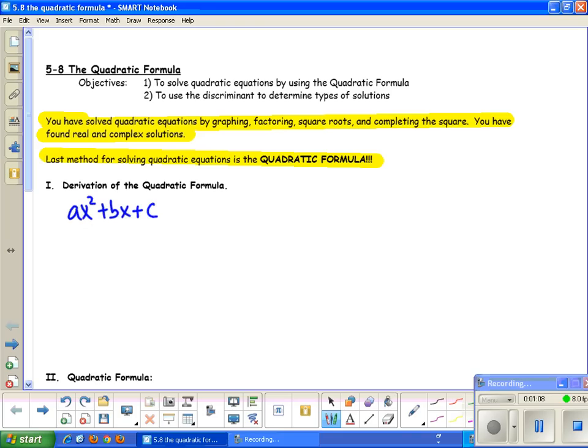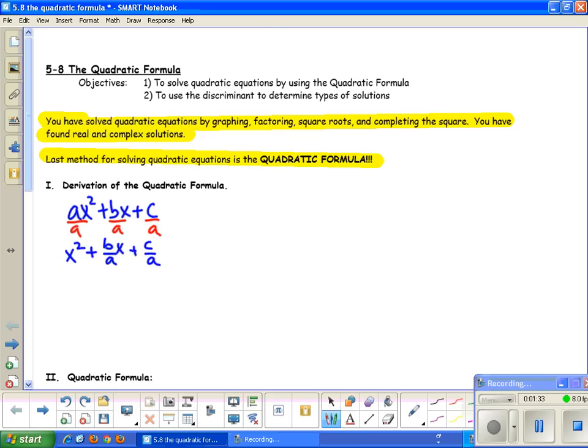Now, if I wanted to complete the square for this using variables, remember we said we don't like to have the quadratic term with a number coefficient in front, so I'm going to divide out that a from each of my terms. If I divide each of those terms by a, I would get x squared plus b over a x plus c over a.